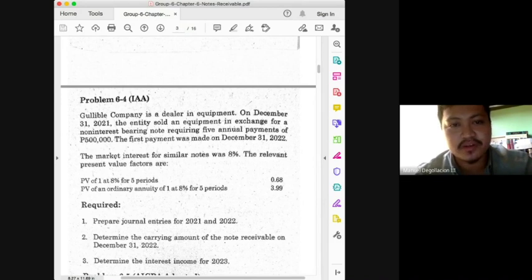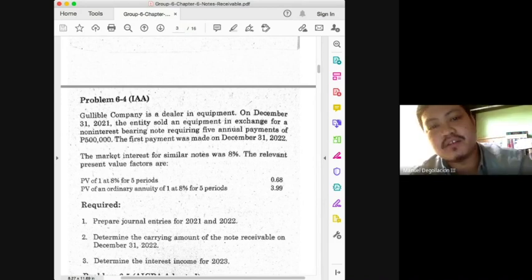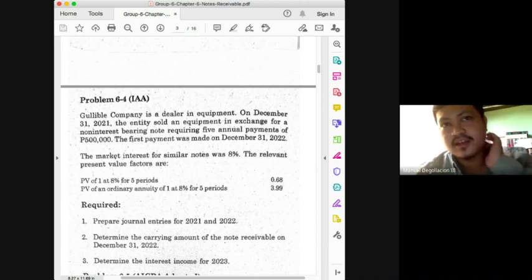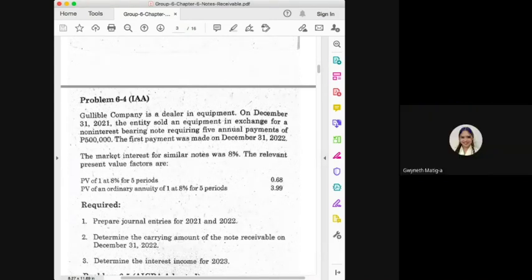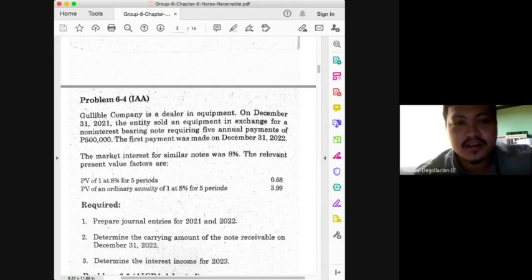The one we have computed earlier. It's 1,654,600. I will need your help here, class. How much is 8% of 1,654,600? 132,368, sir. Okay, so that would be your interest income for year 2023, class.